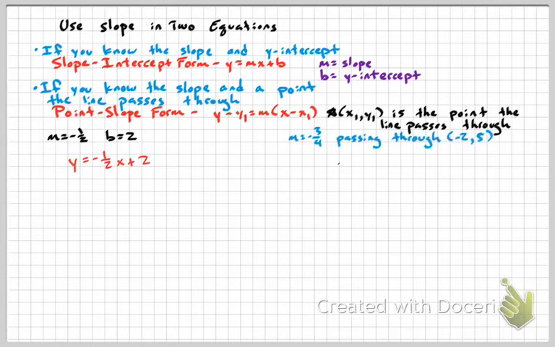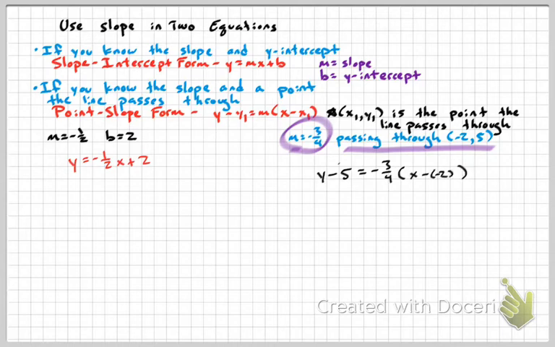Now what if we know our slope and a point it passes through? In this instance, we have to use the y minus y1. So here's how this works. y minus my y value in my coordinate it passes through equals my slope times x minus x1, my x value that I'm passing through.